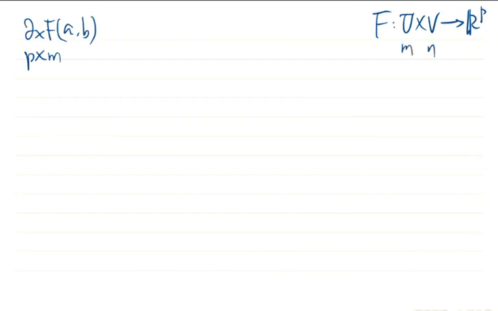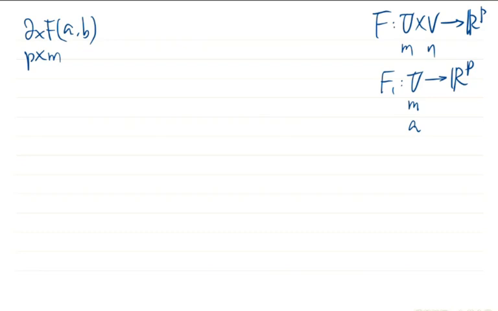So F1 is a map from U to Rp. Here U is m-dimensional. Therefore, the derivative of F1 at the point a is a p by m matrix, which is our partial derivative of capital F with respect to x at the point (a, b).